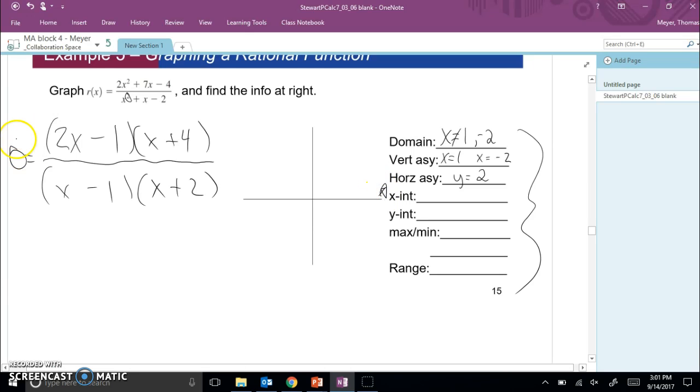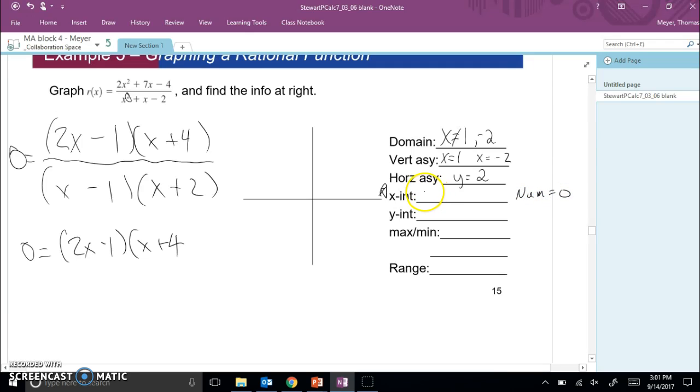I've set 0 in for y. You need to cross-multiply everything in the denominator here over to the left-hand side. But when you do that, all this stuff times 0 is just 0. So essentially, when you want to find x-intercepts, you want to find when the numerator is equal to 0.